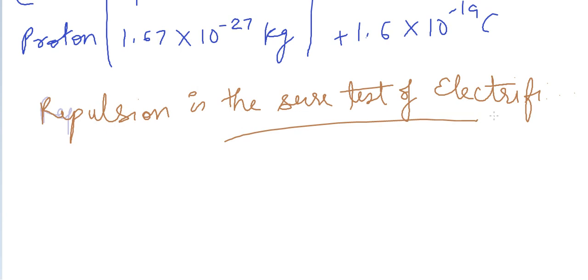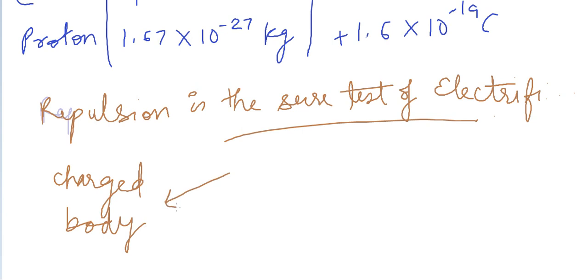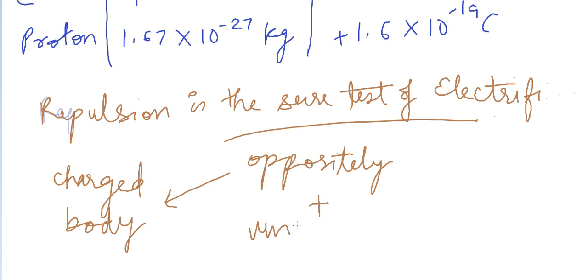If there is attraction, the body to be tested may or may not be charged. Why? A charged body attracts an oppositely charged body and also an uncharged body as well. So a charged body is going to attract an oppositely charged one and also an uncharged one, as in the case of bits of paper.